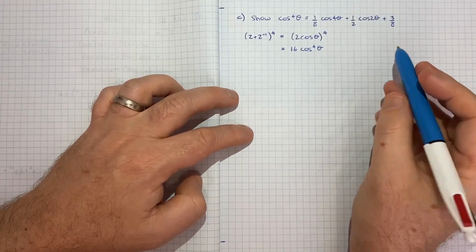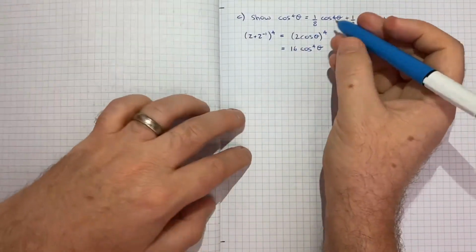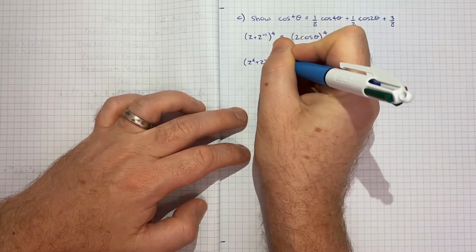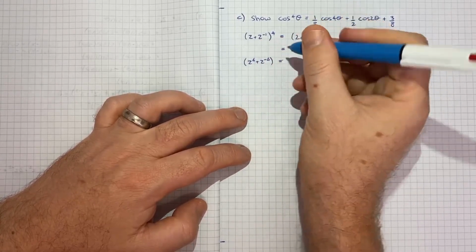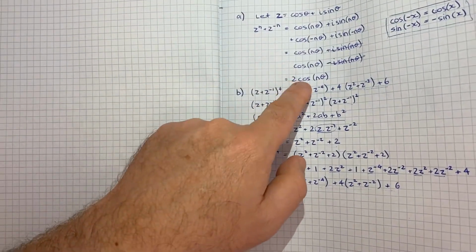Now, if we look at what we just proved here, we've got a z to the 4 plus z to the negative 4. So if we see what that becomes, z to the 4 plus z to the negative 4 would be equal to, using our result from part A, 2 cos 4 theta.